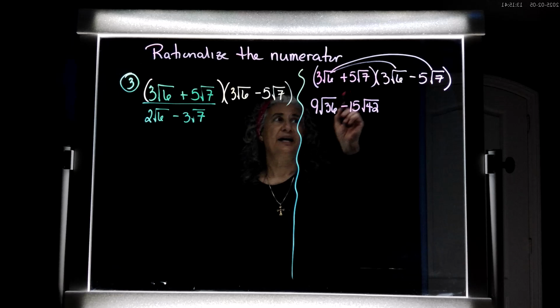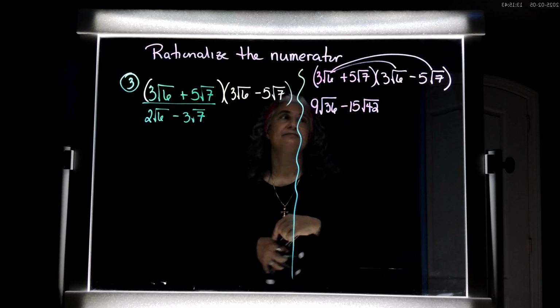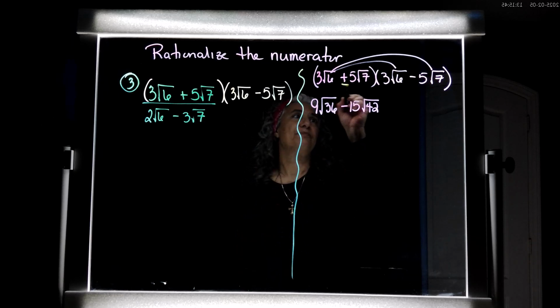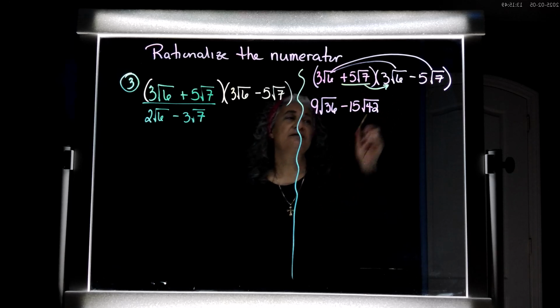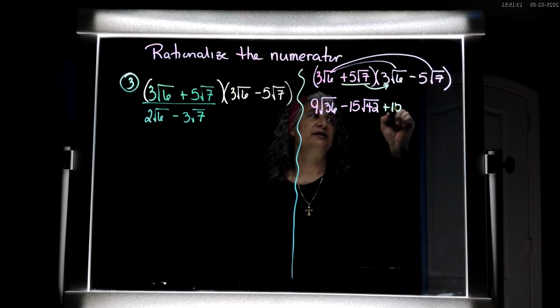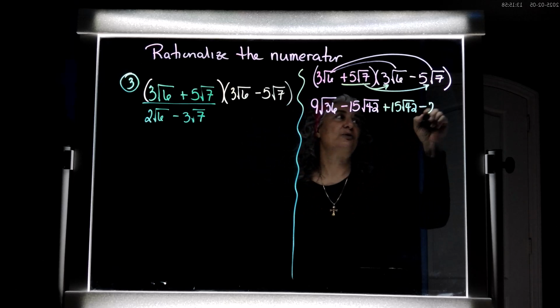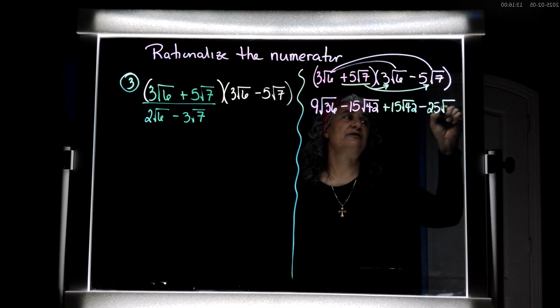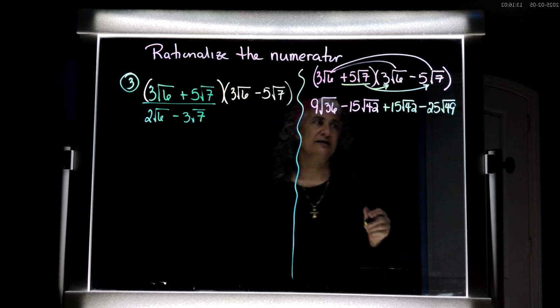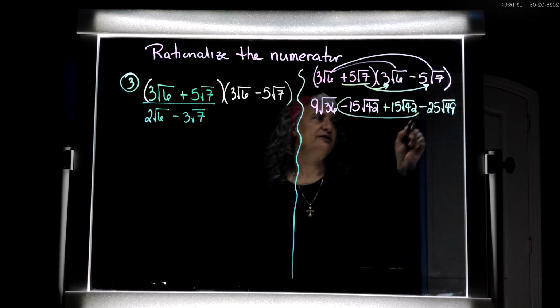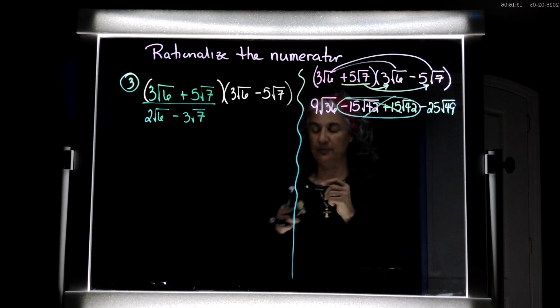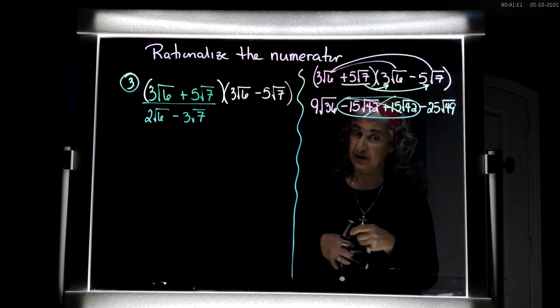Good. And now 5 root 7 times 3 root 6, positive 15 square root of 42, and then times it by, gives you a negative 25 square root of 49. Excellent. So it looks like these two middle terms drop. That's good. That's what we wanted, right?